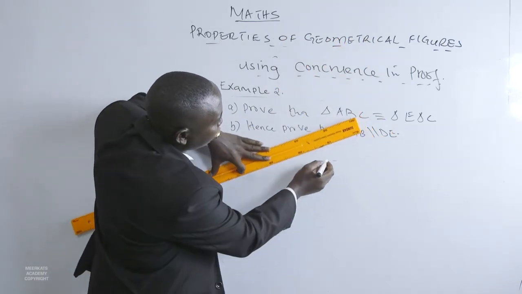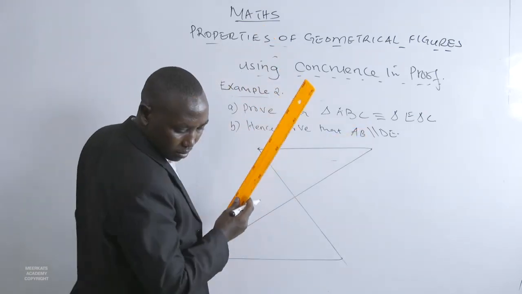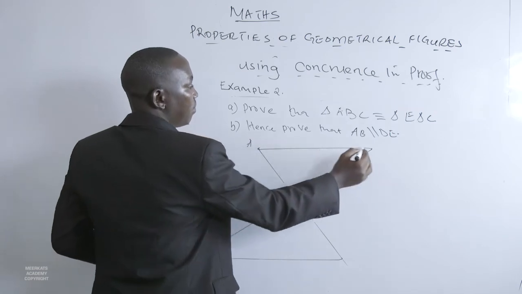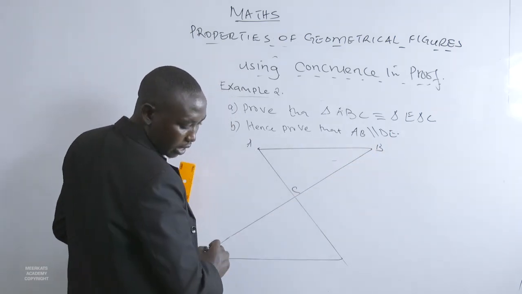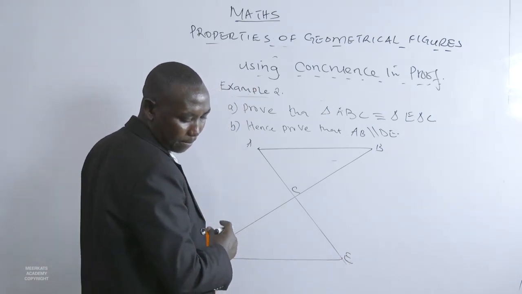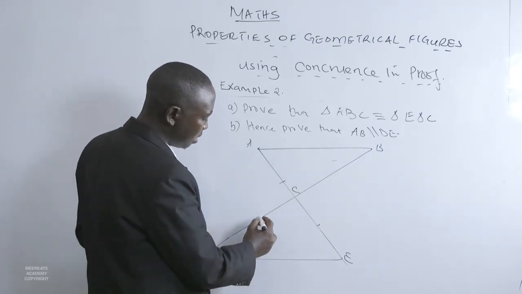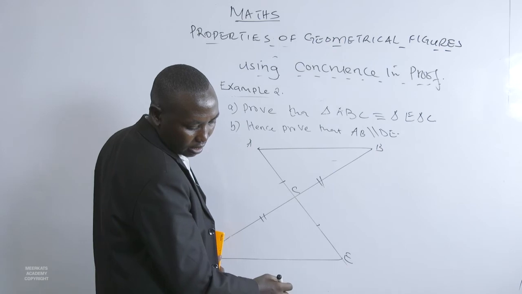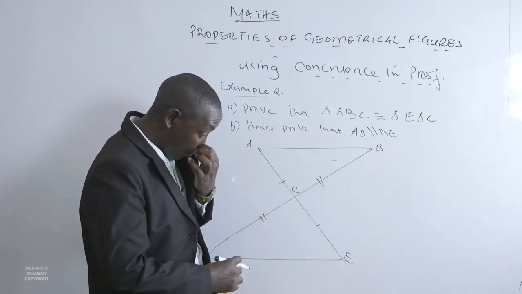So the triangles are here: A, B, C, D, E. We are told that this side is equal to this side, and equal to that side, then the rest is left free.